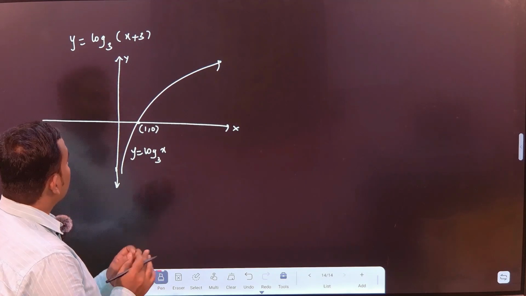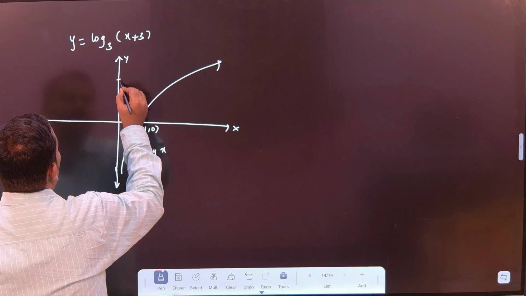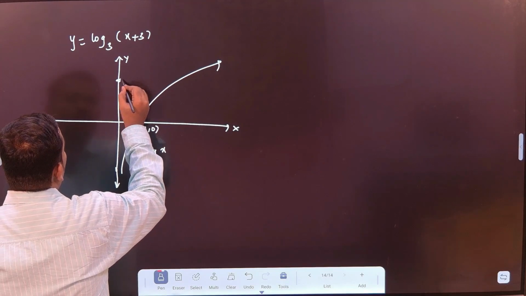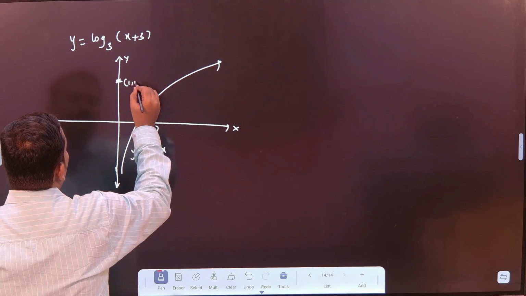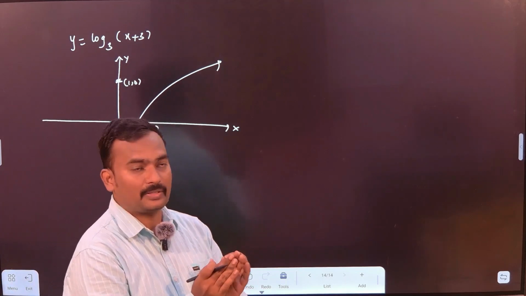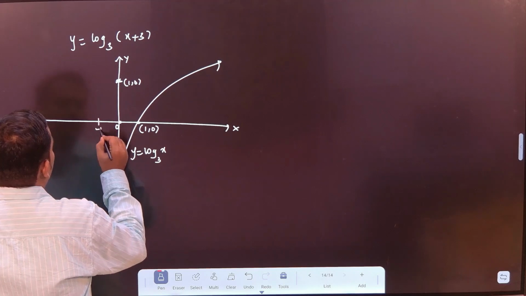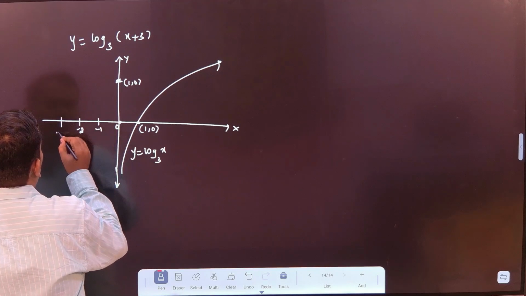So we need actually x plus 3, which means you have to see here, this is 1, 0. You have to shift 3 units left, right? Here is 0, this is minus 1, this is minus 2, this is minus 3.